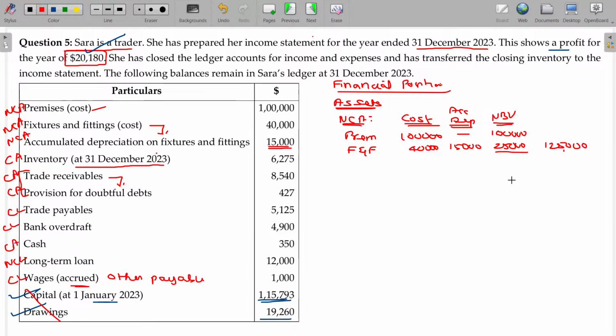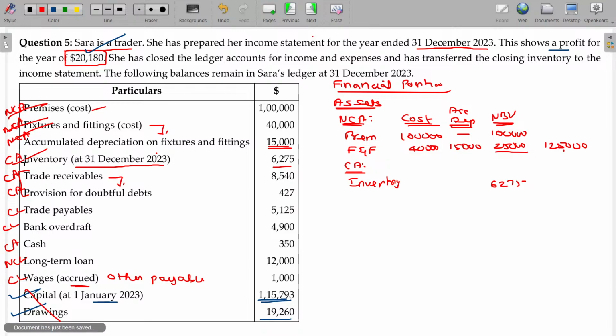Non-current assets over. We don't have any more. Current assets. Under current assets, we'll start with inventory. The value being 6,275.